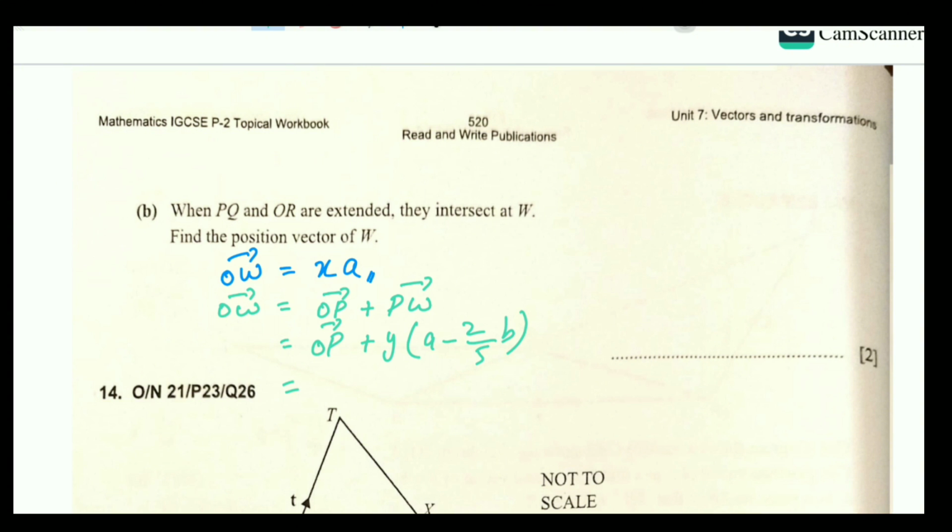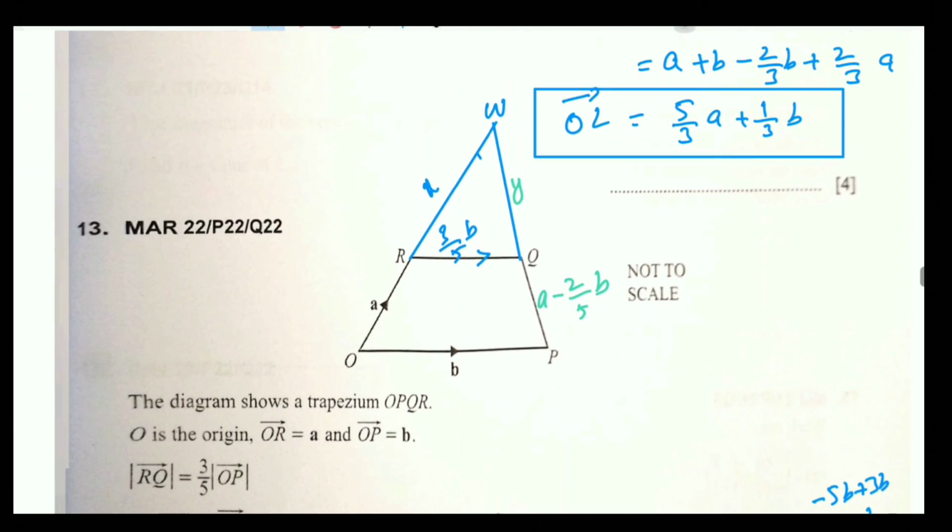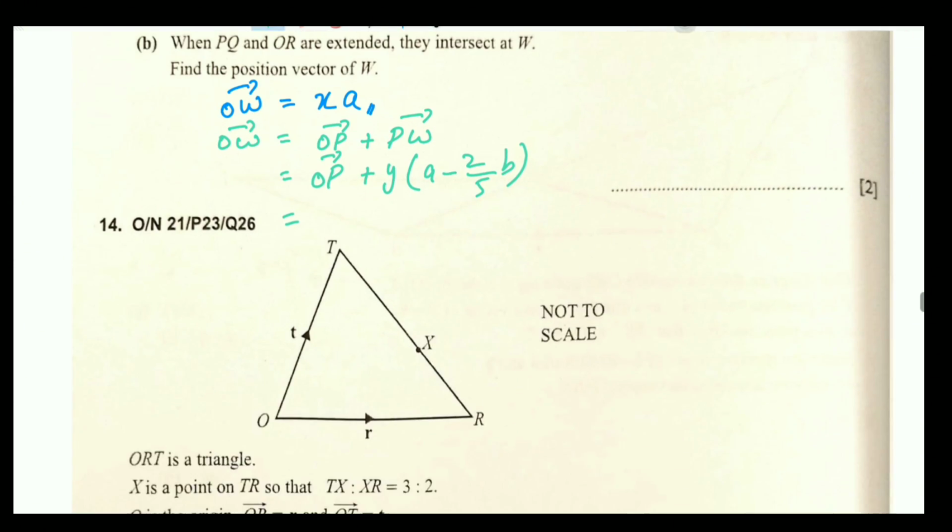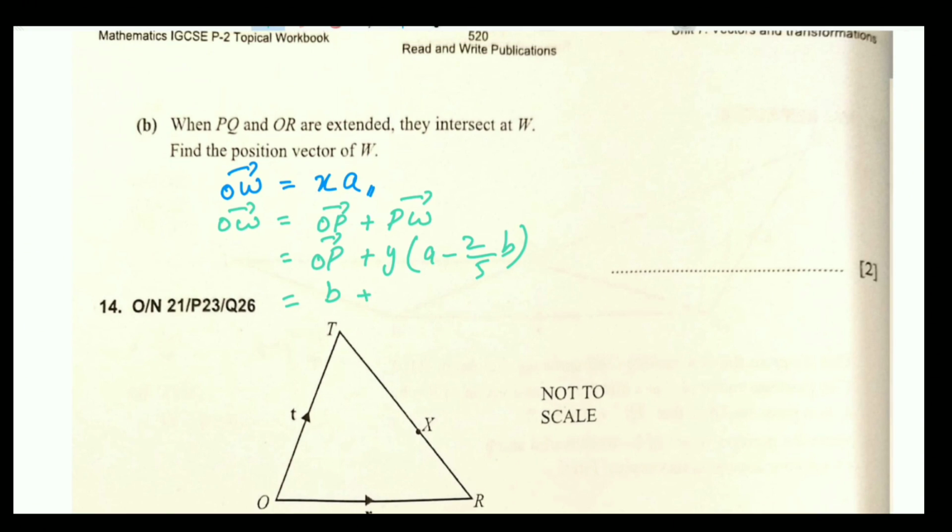So OP, what is OP? OP is B. B plus YA minus 2 by 5 YB, and then YA plus B common, so 1 minus 2 by 5 Y. So this is OW.